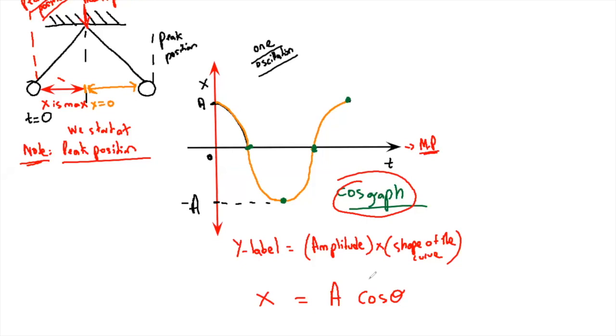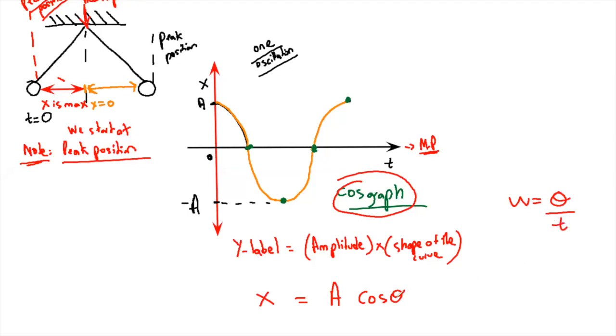So now, let's derive this. Can you guys tell me what is the formula for omega? The general formula, not the 2 pi one. Yeah, theta divided by time. So omega is theta divided by t.